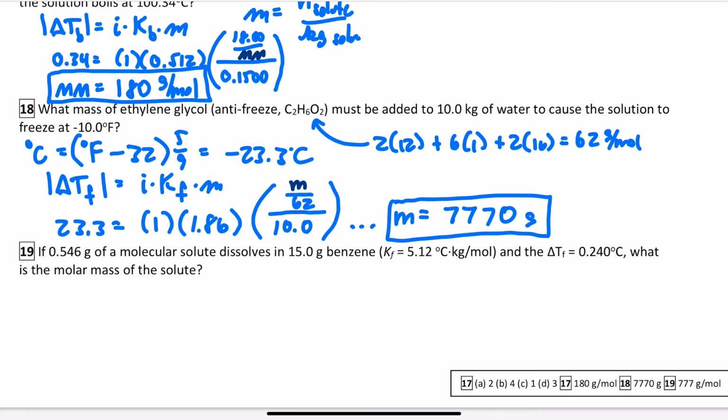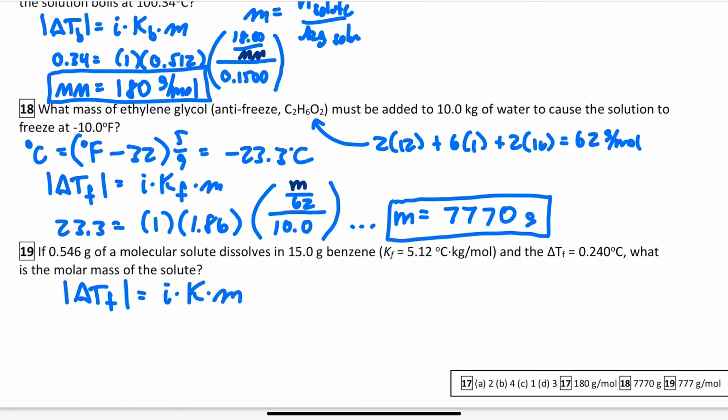And then the last one to practice for today is another figuring out of the molar mass of the solute. This time, if you tried this, they gave you a different solvent. Benzene is a different solvent, so it has its own molal freezing point constant. They give us the delta T. I'm going to use the same equation. Absolute value of delta T, in this case F, is equal to i, K, molality.